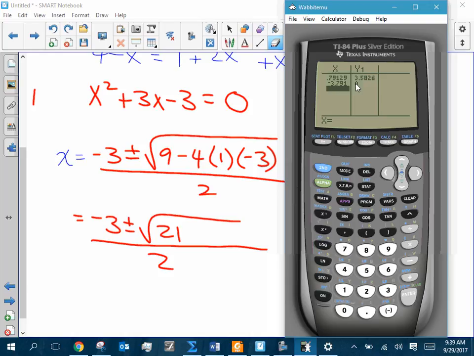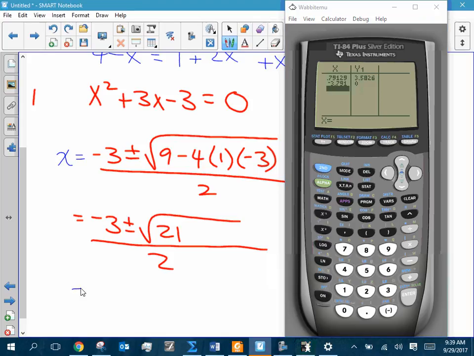Make sure that we understand why I had to put parentheses in there. When we do this, we want that sum up top to be calculated first. Now we write things by hand a little bit differently than the way we type them in. But when we type them in, I want to make sure that -3 plus or minus radical 21, I want the calculator to calculate that first and then divide by 2.